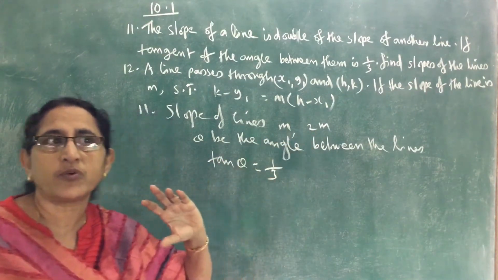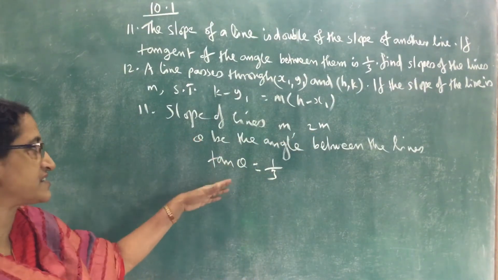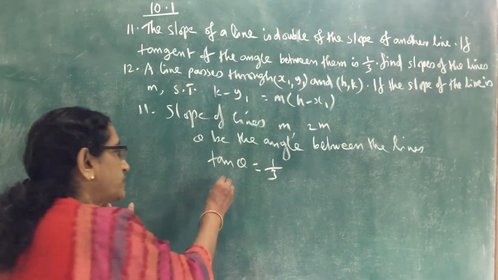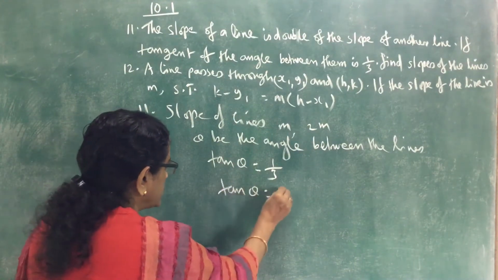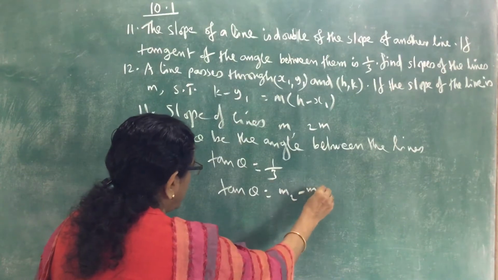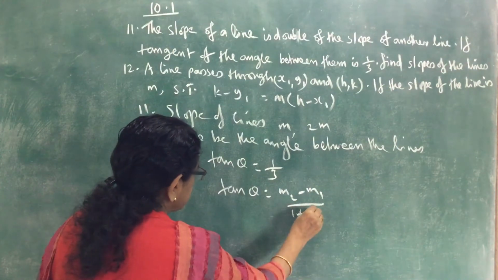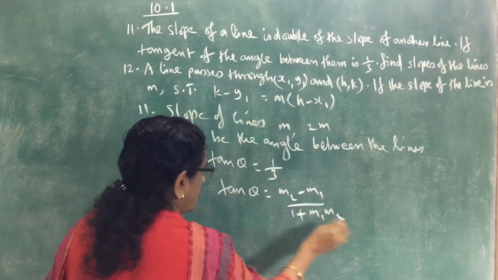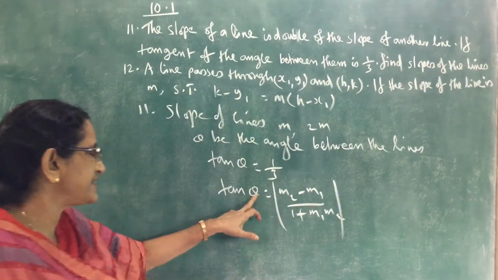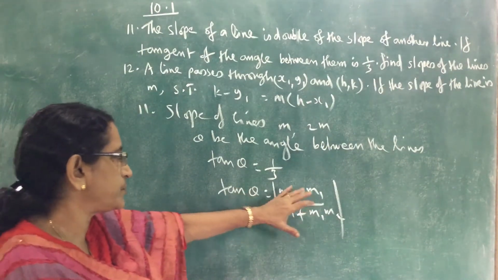We know the formula to find the angle between the lines if the slopes are given: tan theta equals m2 minus m1 divided by 1 plus m1 m2. So the acute angle theta is given by this formula.